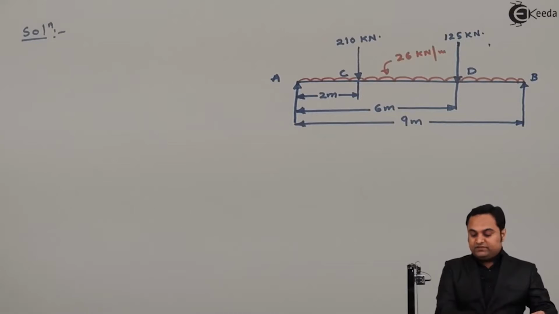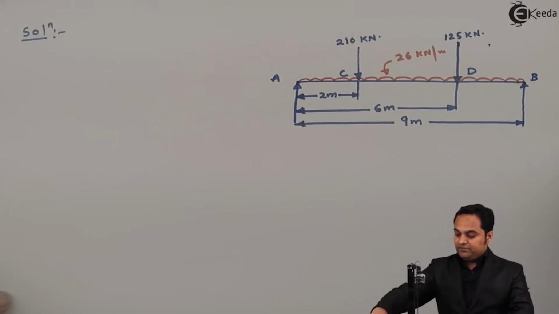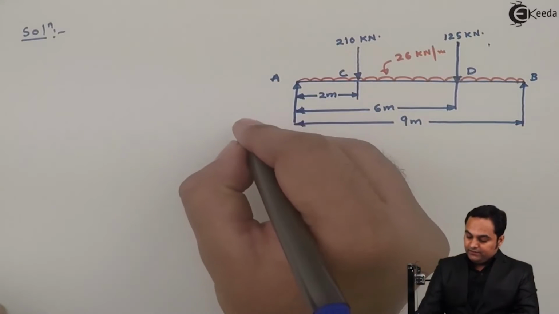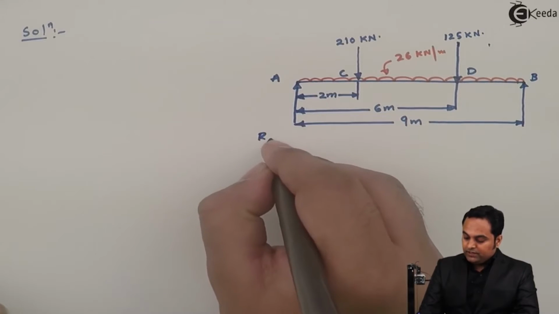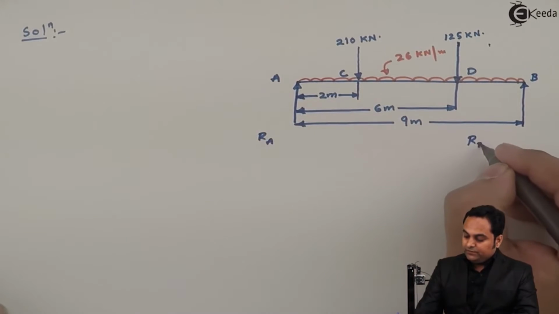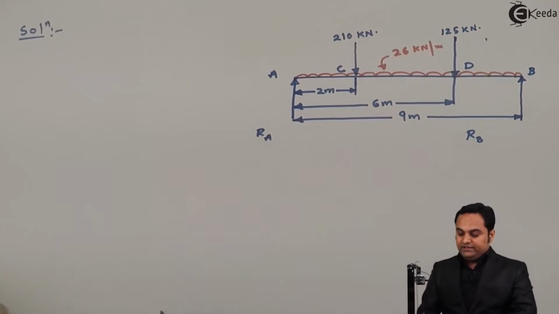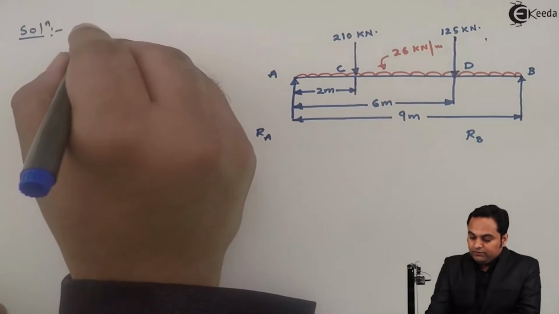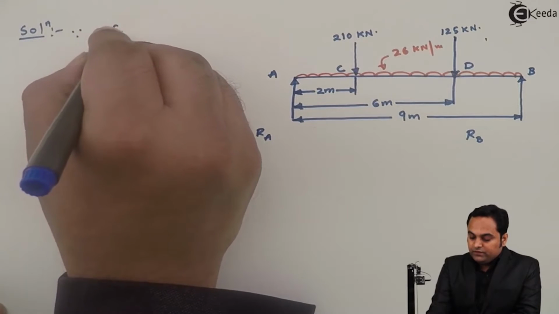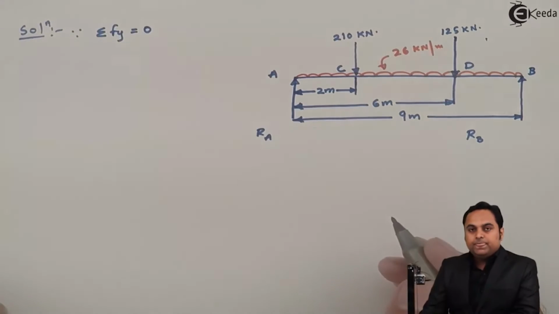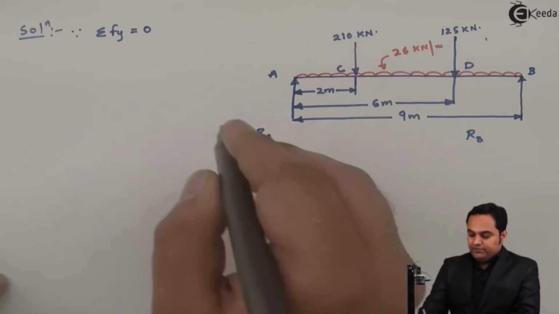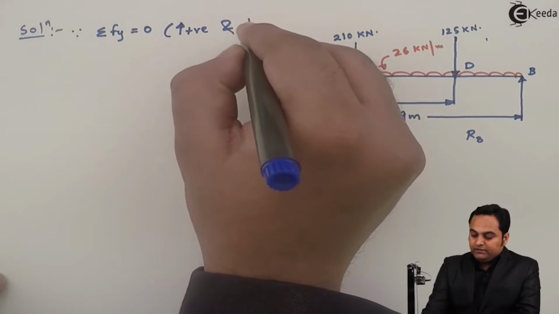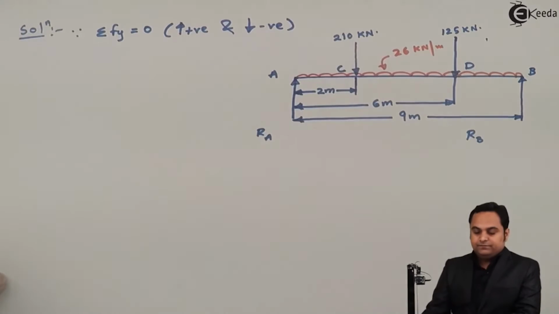When we are solving such problems based on the double integration method, the first thing is we should know the support reactions. At A, the reaction will be R suffix A, at B it will be R suffix B. While writing the solution, I'll say that since summation of Fy is equal to 0, considering the beam to be in equilibrium, I'll take upward forces as positive and downward forces as negative.